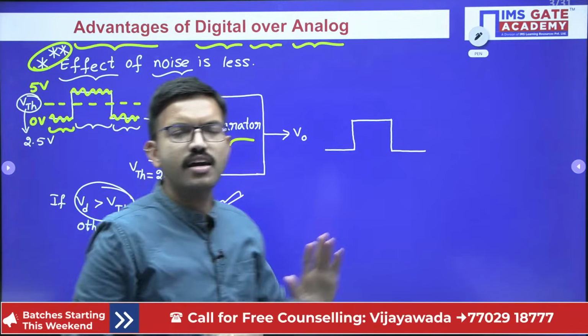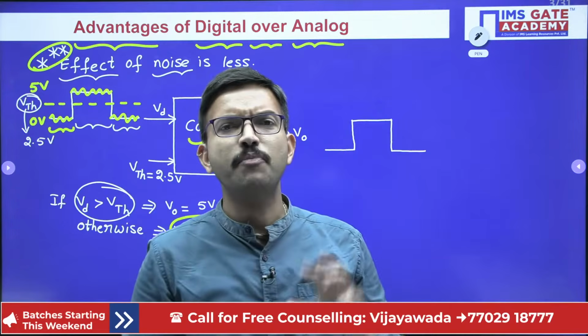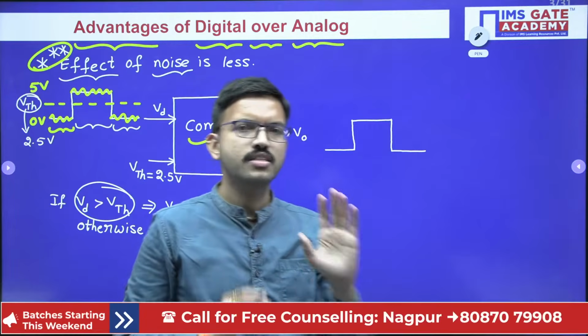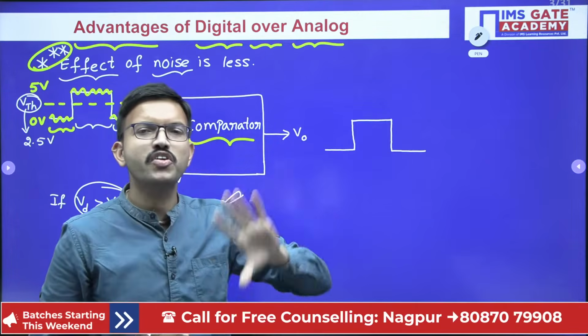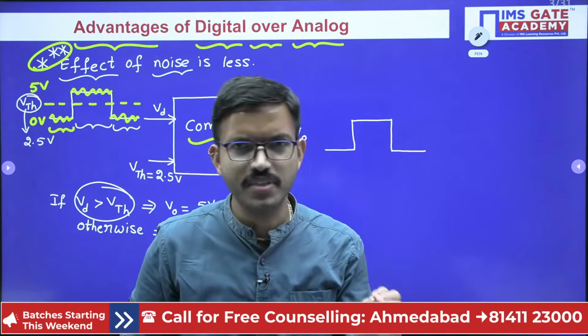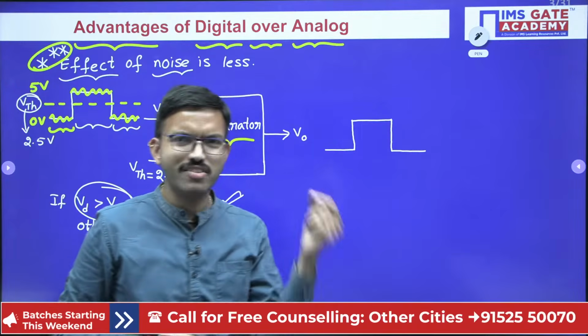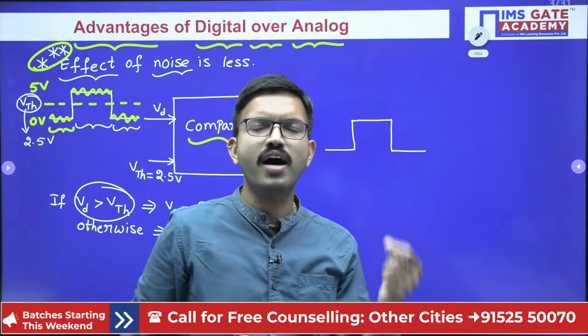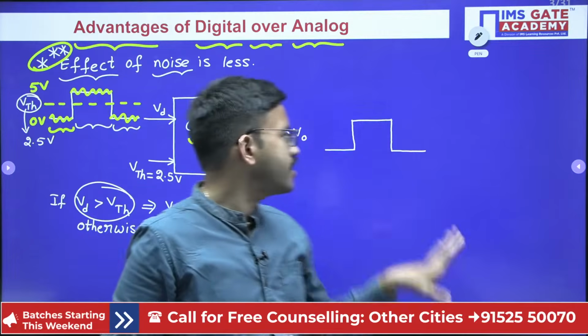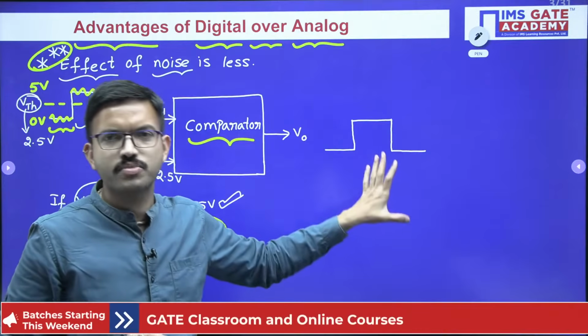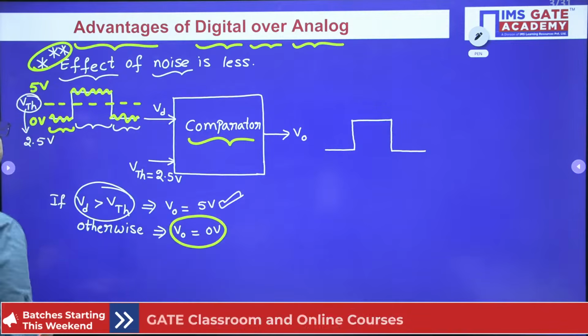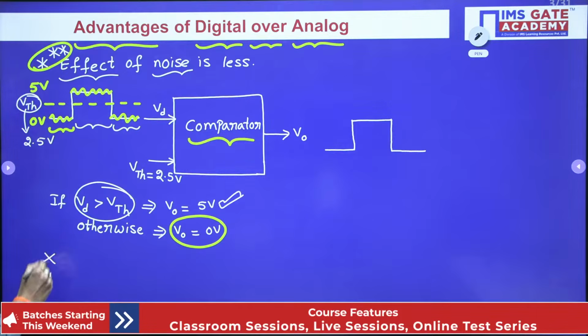Whereas in analog, whatever information you are receiving at the receiver, you cannot trust. You cannot say that the sender has transmitted the same information. But for digital, you can confidently say that the sender has transmitted the same information, right? So the second advantage is reliability is more.